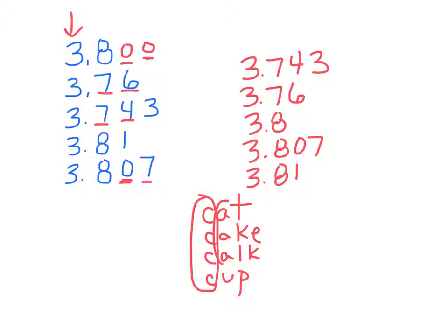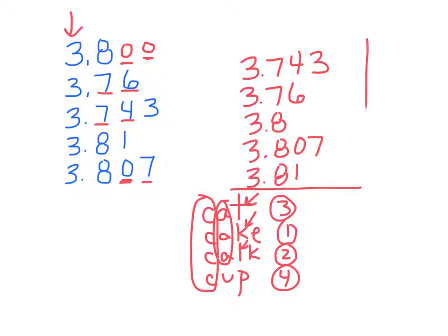These 3 start with A's, so now I need to take a look at the third one and put those in order. So obviously this one would come first, this one would come second, cat would come third, followed by cup coming fourth. Putting decimal numbers in order works exactly the same way. You just have to make sure that you are comparing place values as you are doing it.